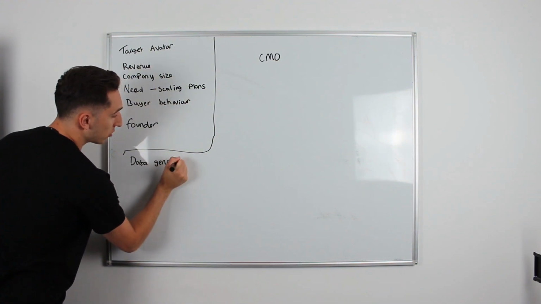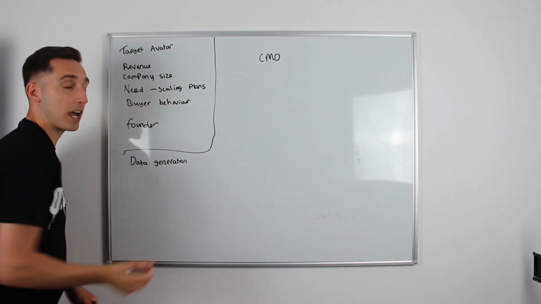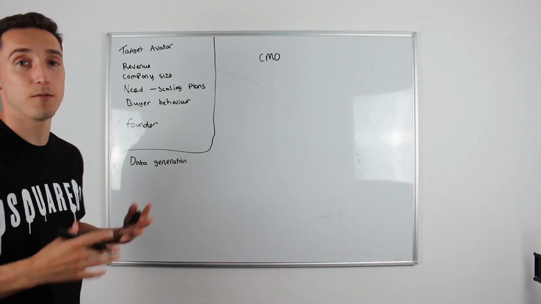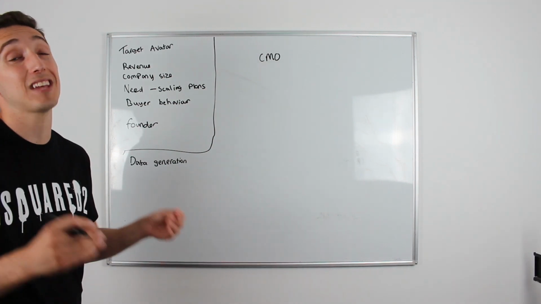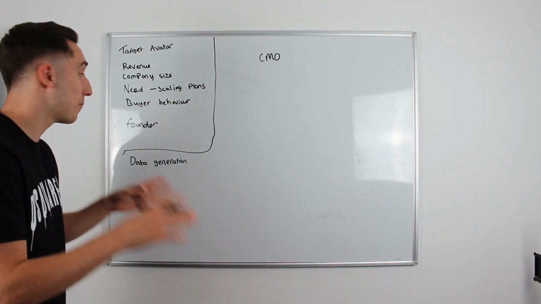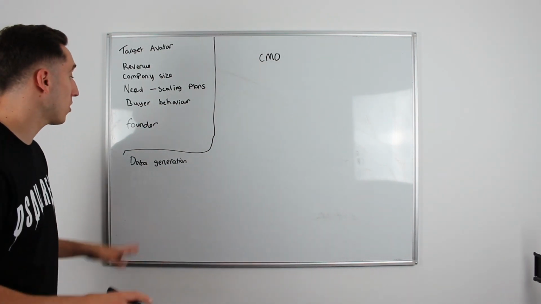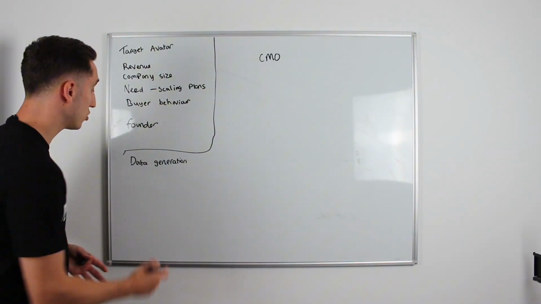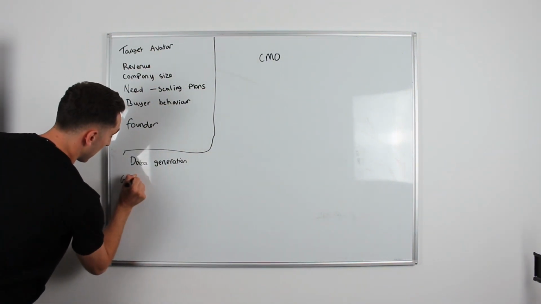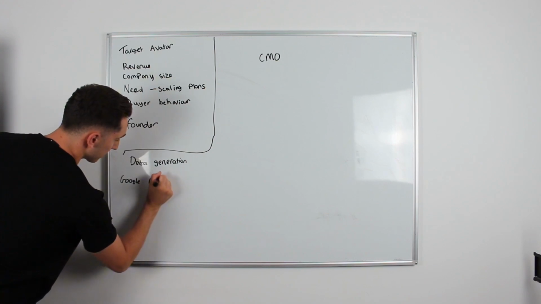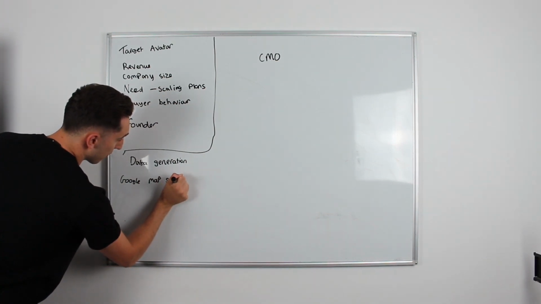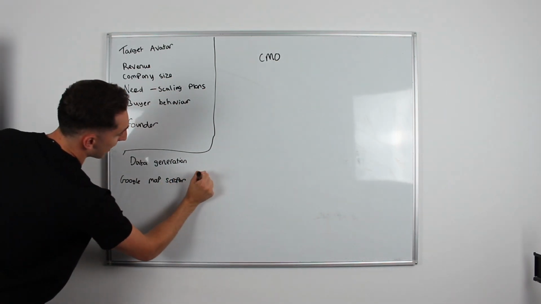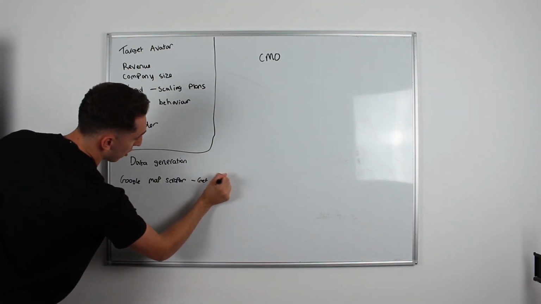Now, for those of you guys that are already in Client Capital, we do have a lot of content in regards to data generation and segmenting that specific data. But if not, make sure that you use some online scrapers for Google Maps to get leads, okay? So Google Maps scraper. And one of the things that you want to be able to do is get as many leads as possible.